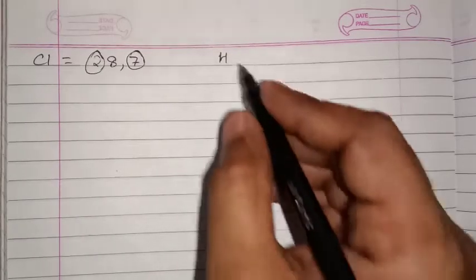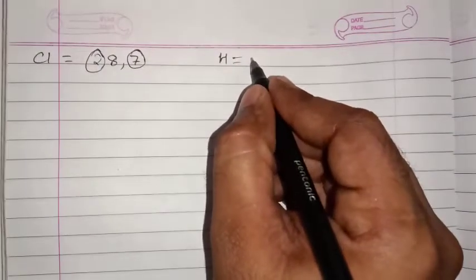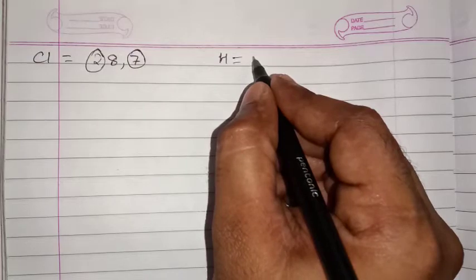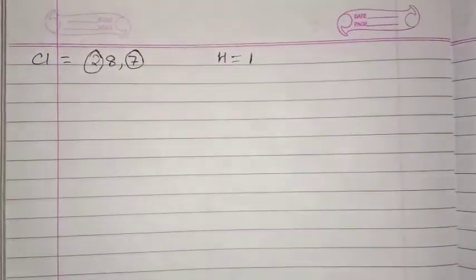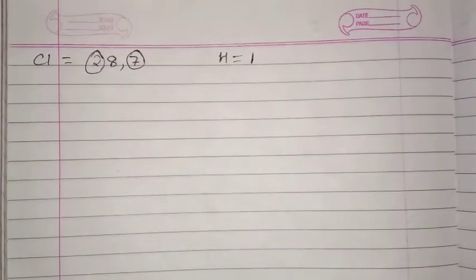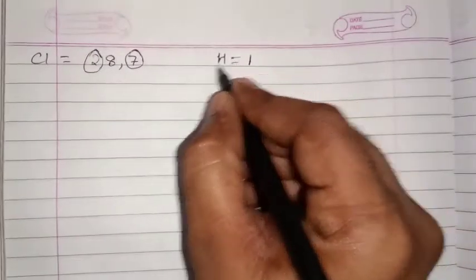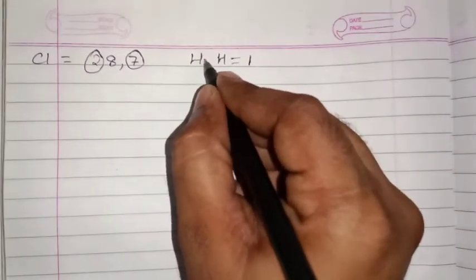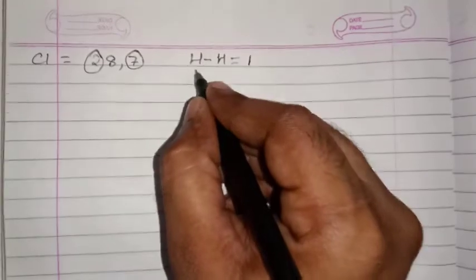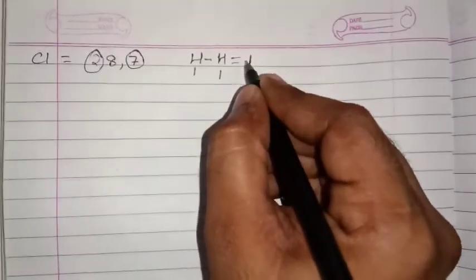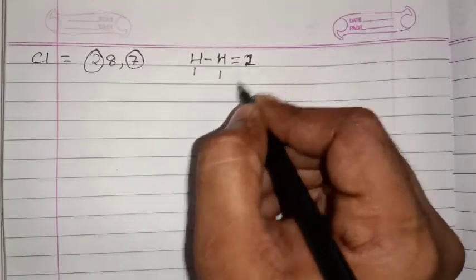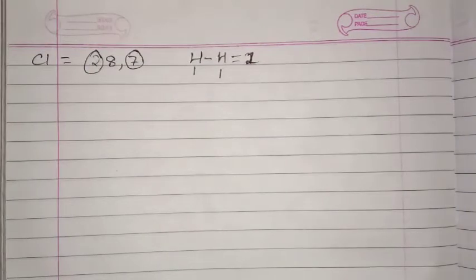For that reason it combines with one electron from another atom to form a duplet state, meaning it combines with one more hydrogen atom, one electron from each, and altogether their shell becomes 2. They share electrons in that case.